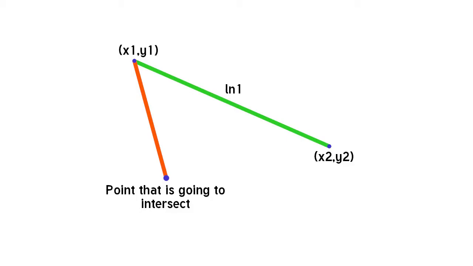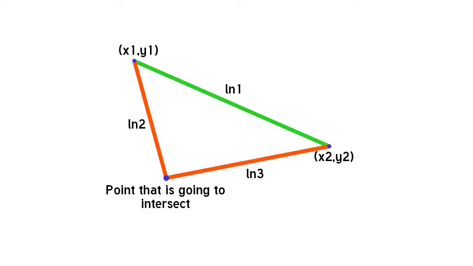Let's name this line segment ln2. Next, get the length of the line segment starting from the x2, y2 endpoint and the point that is going to intersect ln1. Let's name this line segment ln3.